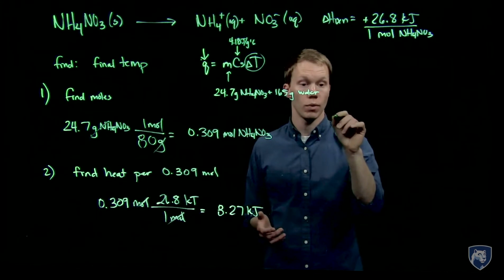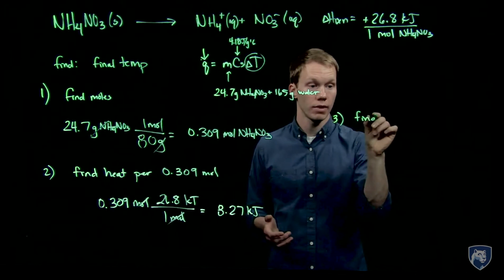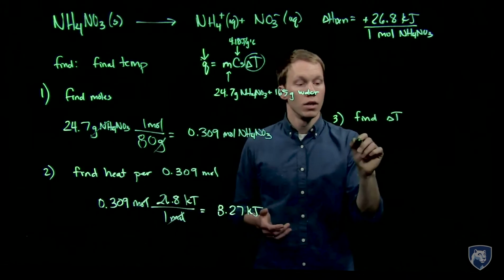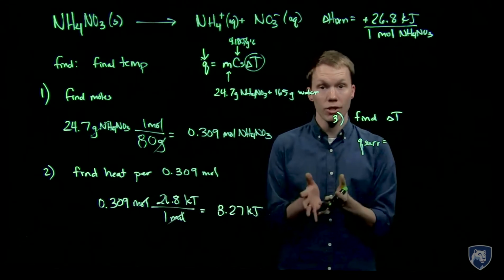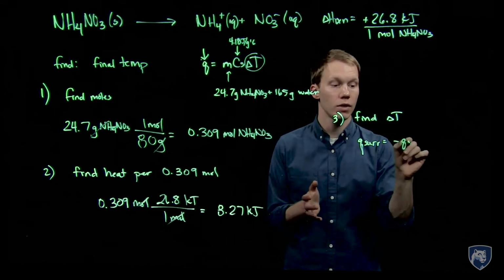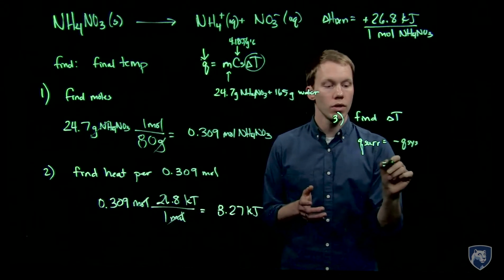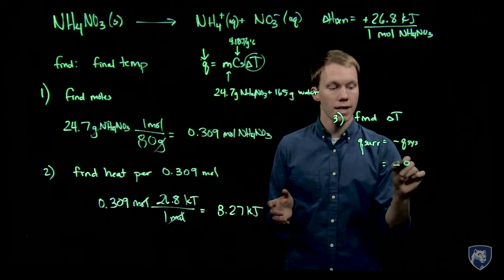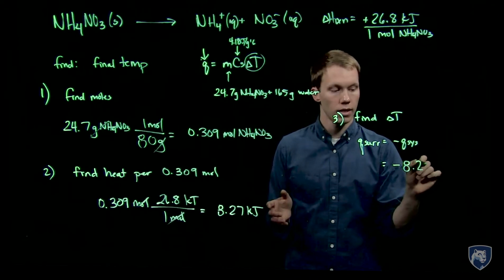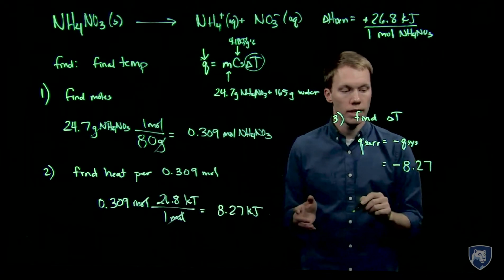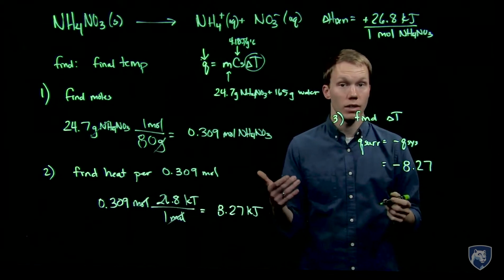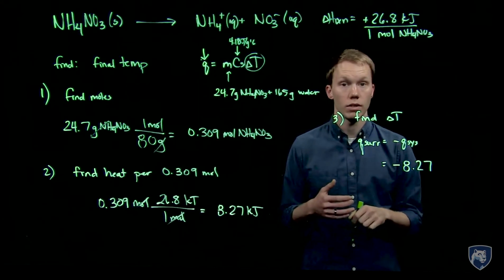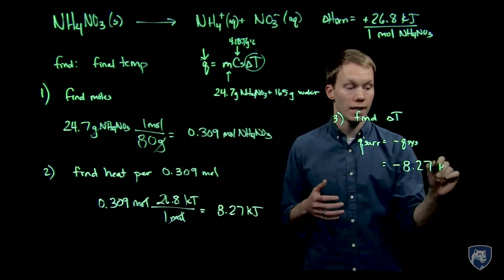We are ready to solve for delta T. So Q surroundings, which is what we measure the temperature of, is equal to negative Q of the system. So Q surroundings is going to be equal to minus 8.27 because the system's heat is positive, the surroundings would be losing the heat, and therefore the sign is negative.